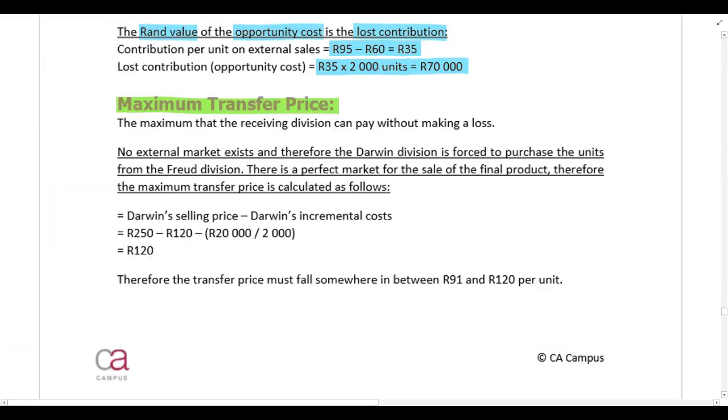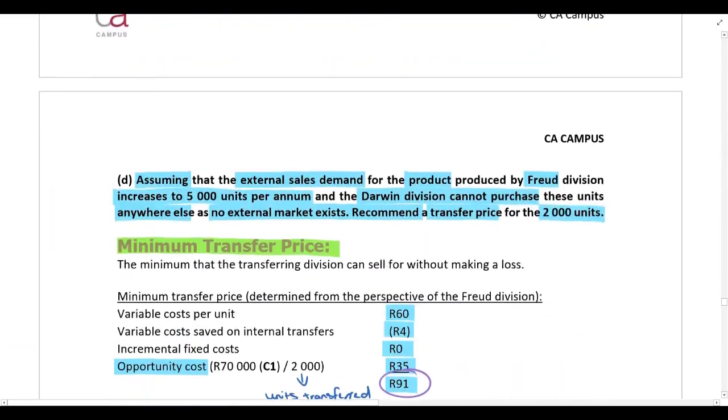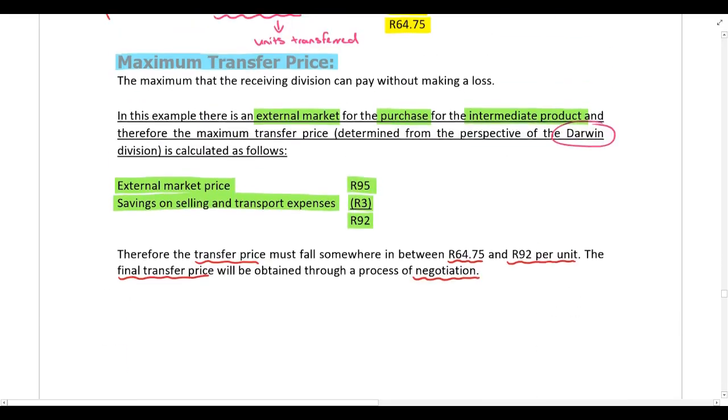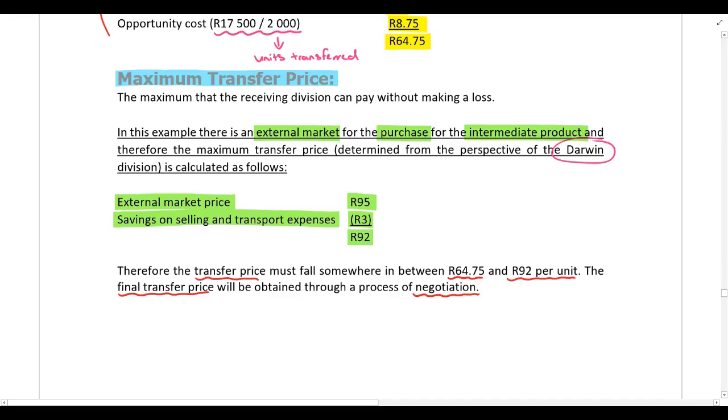So let's just go back to that previous calculation that we looked at in part C of the required. So in part C, when we calculated our maximum transfer price, this is when there was an external market. So the Darwin division could purchase the product from an external supplier at 95 Rand. And they would save, if they did purchase it internally, they would save 3 Rand per unit.